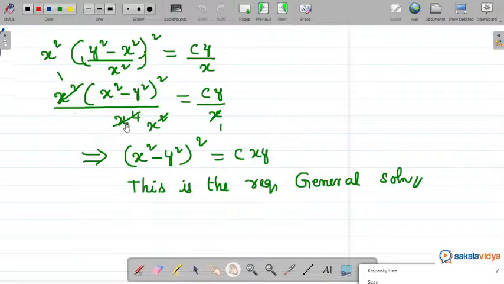So x square over x to the power of 4 gives x square here, and x gets cancelled. Here we have x. By cross multiplication, x square minus y square whole square is equal to cxy. This is the general solution of the given differential equation.